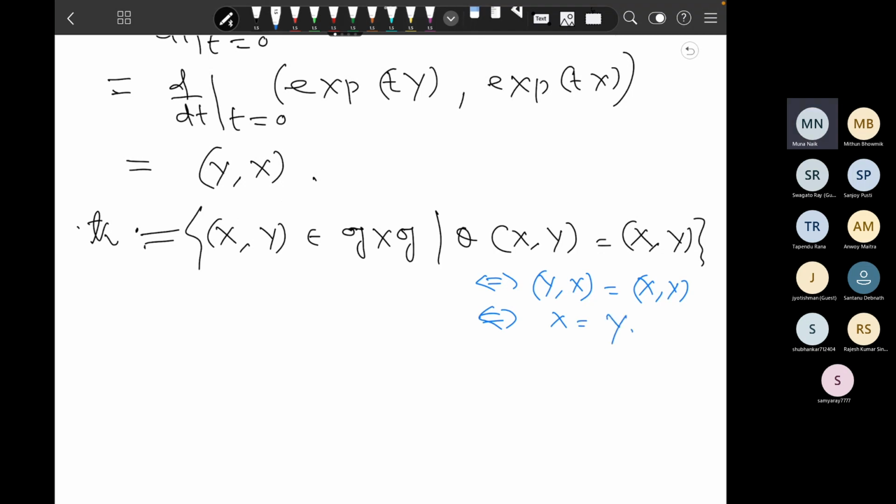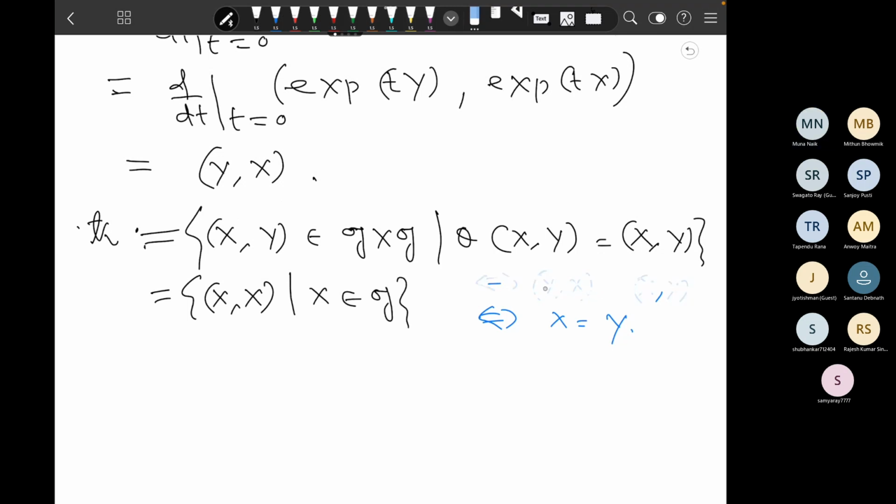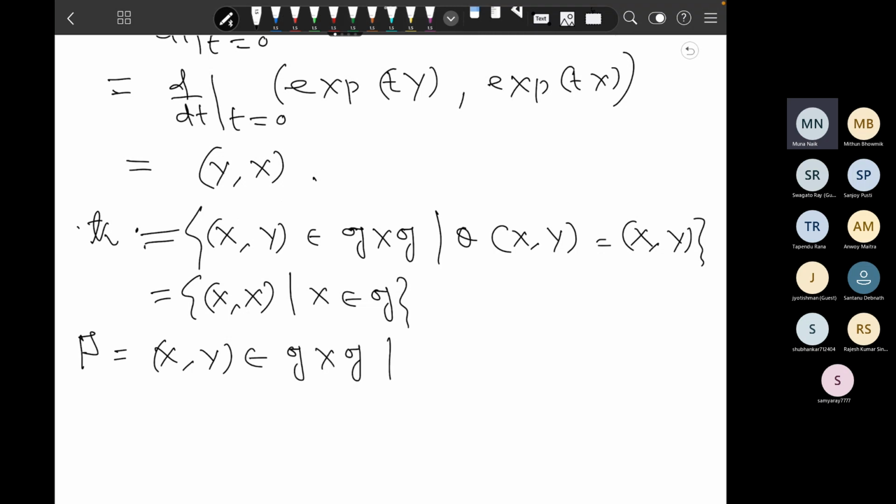Okay. Therefore we will get that k is equal to the set of x, x, so that x belongs to G. So similarly we will get p is equal to the set of xy belonging to G cross G so that theta of xy is equal to minus of xy, right?